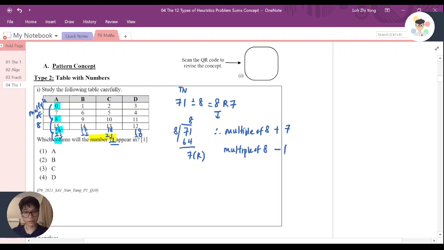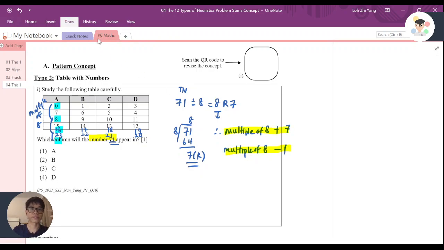This is a multiple of 8, plus 7 because I have 7 extra, the remainder. At the same time, I can say it's minus 1 because it lacks 1 to become another multiple of 8. You might be quite confused with the concept, but it's a very easy concept. This is the first concept, or either this one.